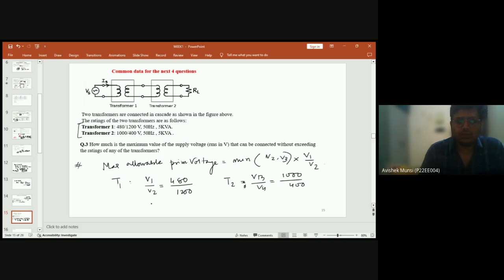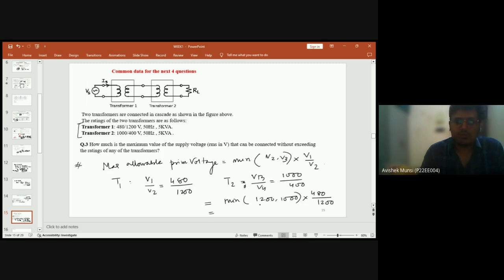From here we can see that the maximum allowable primary voltage should be the minimum of 1200 and 1000, into V1 that is 480 by V2 that is 1200. Fine.